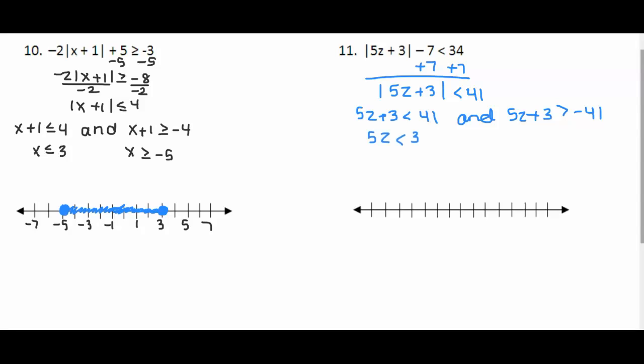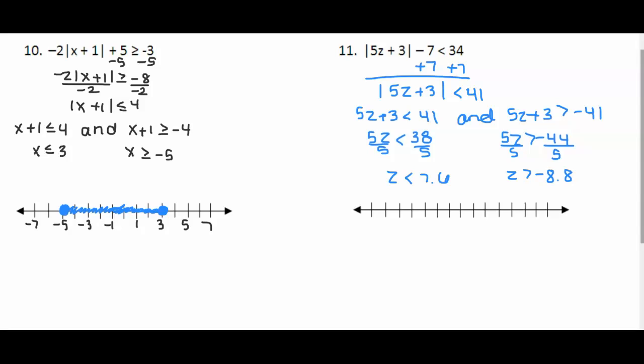Subtract 3 from both. Divide by 5. So you have z is less than 7.6, but greater than negative 8.8.